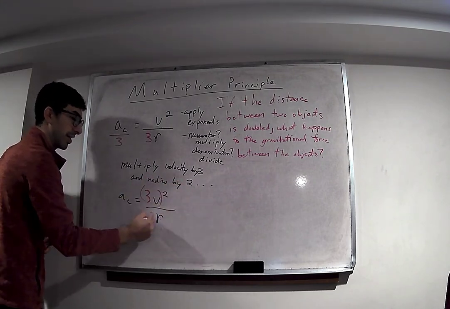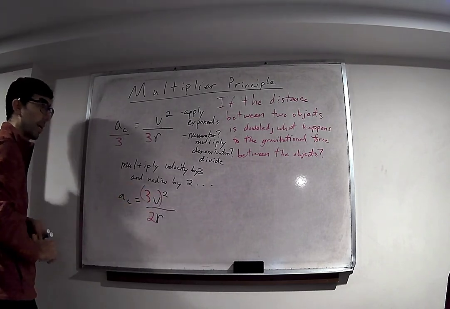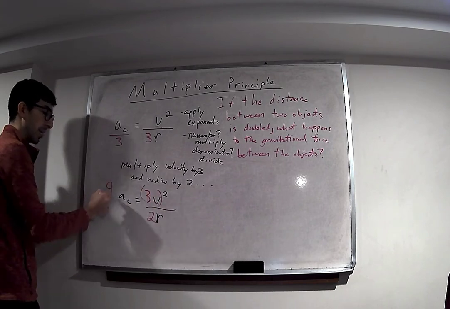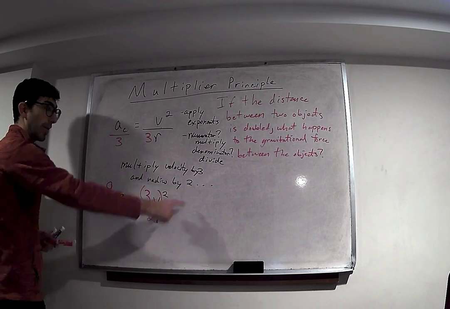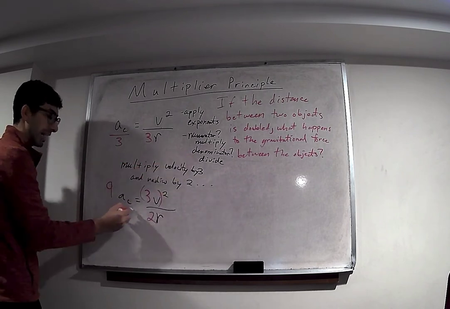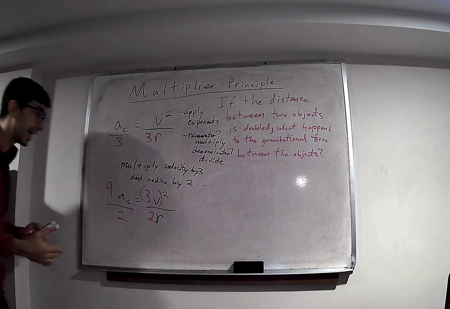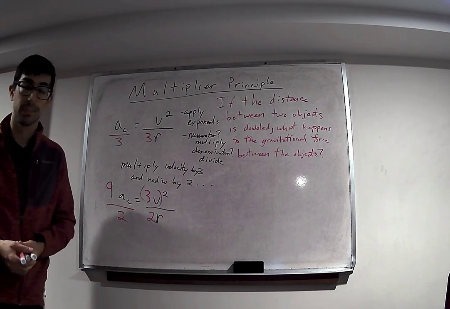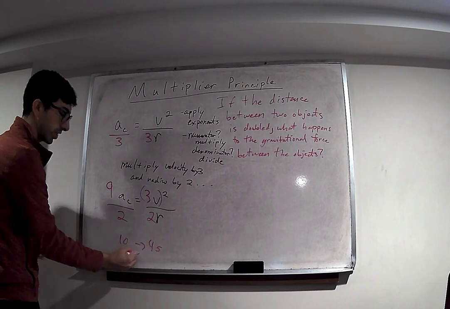We multiply radius by 2. The 3 is squared because we apply exponents. It's in the numerator, so we multiply by 9. In the denominator, the 2 has no exponent, and it's in the denominator, so divide. The centripetal acceleration is multiplied by 9 over 2. If it was 10, now it's 45. You multiply by 9 over 2.